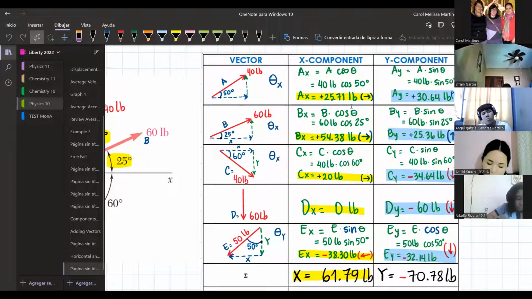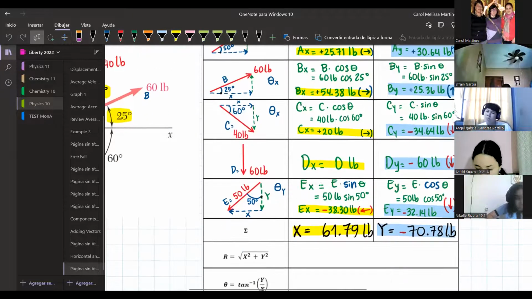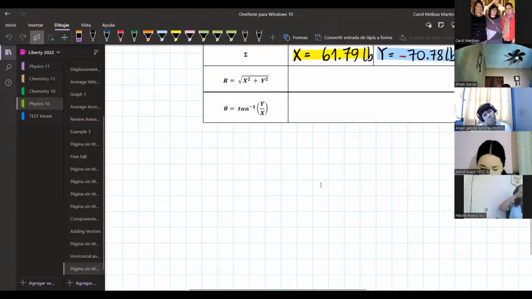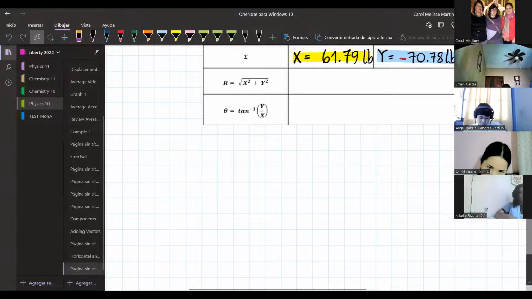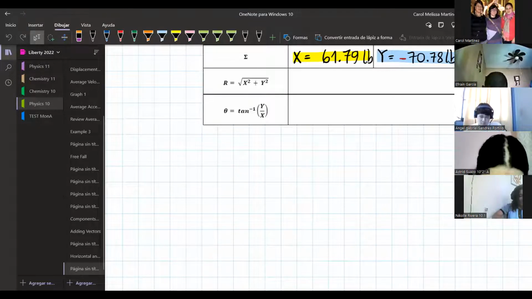In that way, I don't forget that it's there. Okay? So you have all your total X and all your total Y. And hopefully it's okay, right? Because I'm doing it, I got the same answer as Astrid. But you guys should also be testing that all the answers are correct, not just the four of us that are chatting, you know.